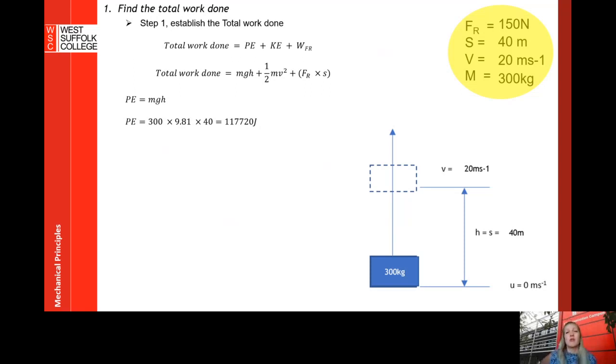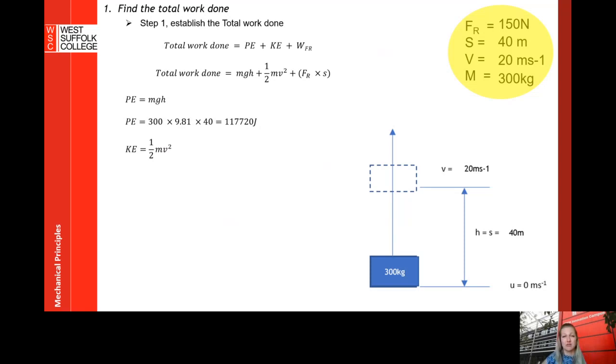And we also know our height, which has been given as 40 meters. So from that, we can put it into our calculator and work out the potential energy that we are going to have, which just so happens to be 117,720 joules.